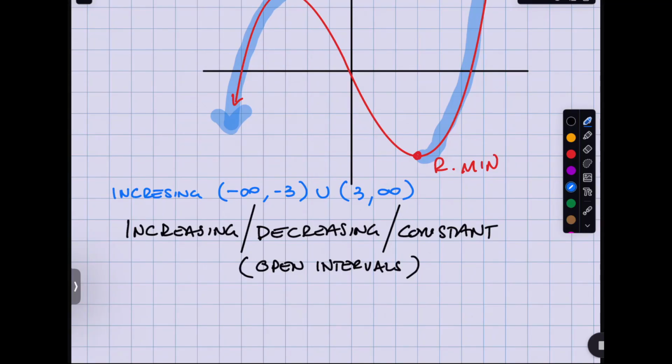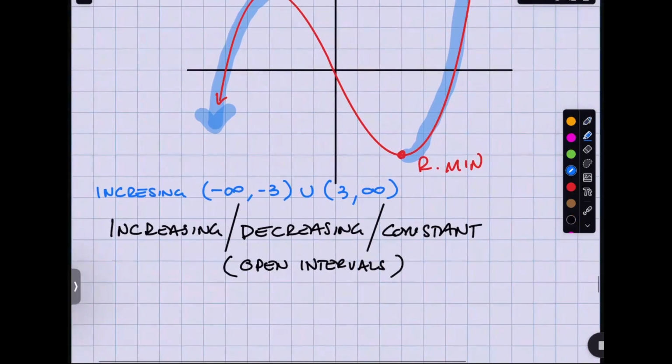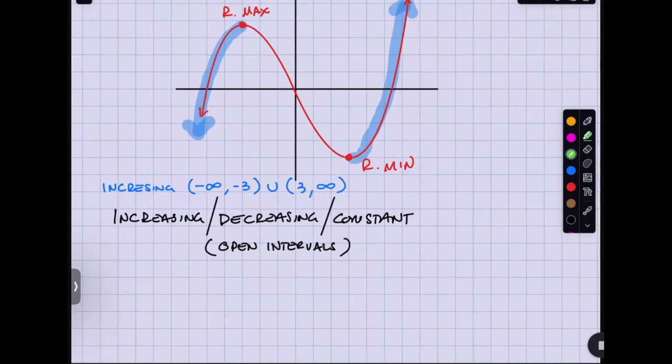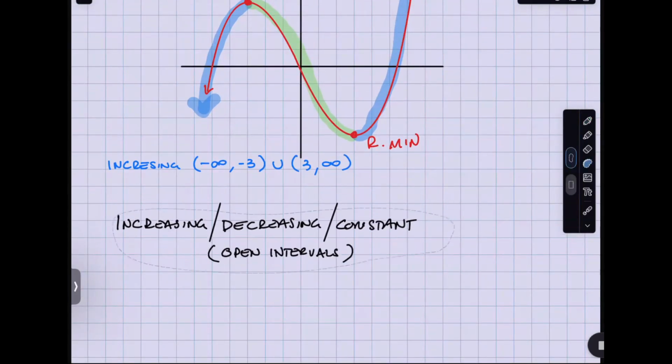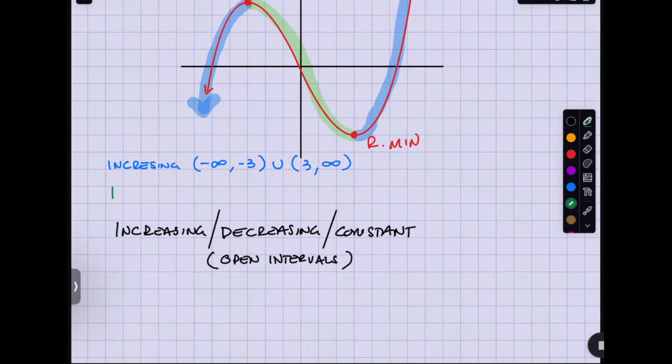And how about decreasing? Again, open intervals. So I'm confused. Why do we start at -3 if it's going down this way? Do you understand that?